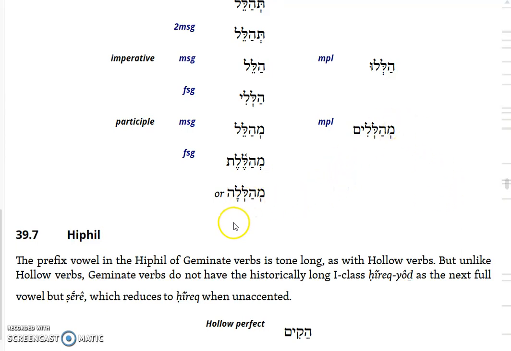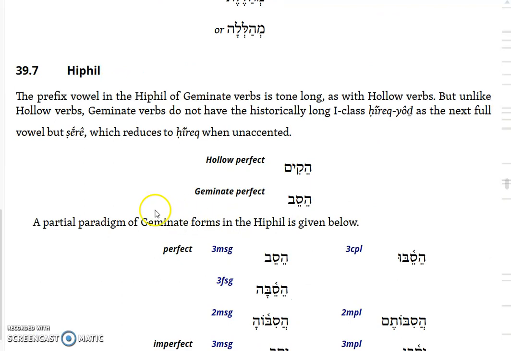As far as the hiphil, the prefix vowel on the hiphil of geminate verbs is long, as with the hollow verbs, but unlike the hollow verbs, geminate verbs do not have the historically long i-class hireq yod as the second full vowel, but a tsere.